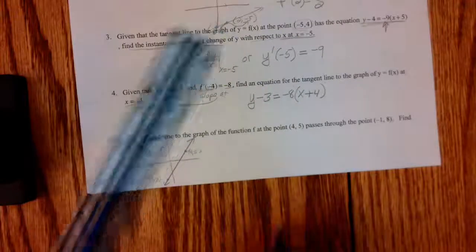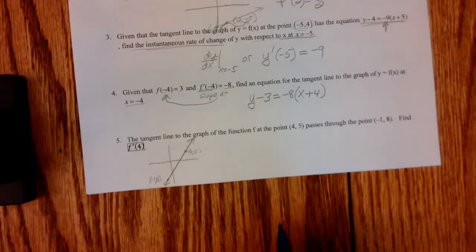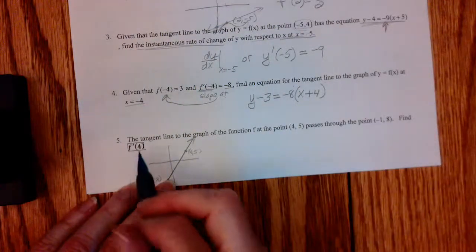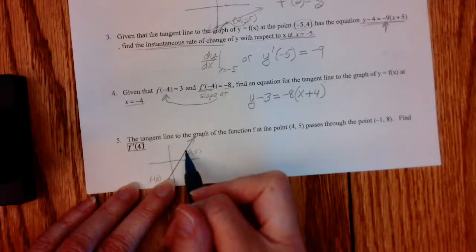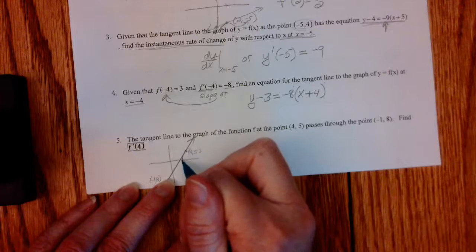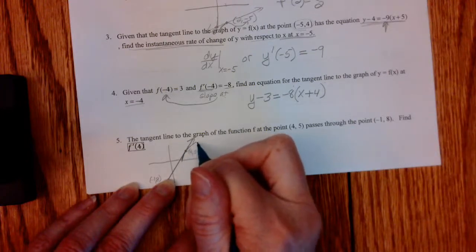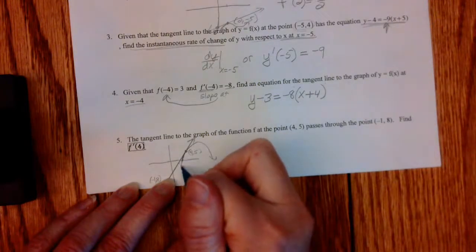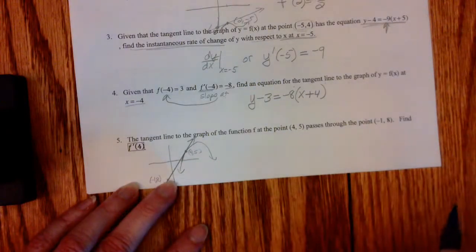So this could be a representation of my tangent line. Since I'm working with slope at 4, that means there must be some curve that's going to come in and model that for a slope. Oops. So I'm going to come in, model that as my slope, and go back down.